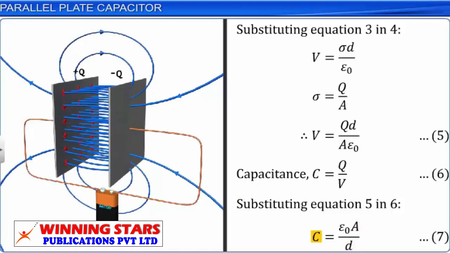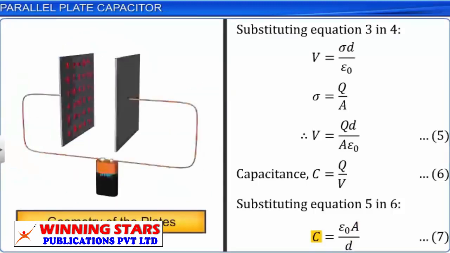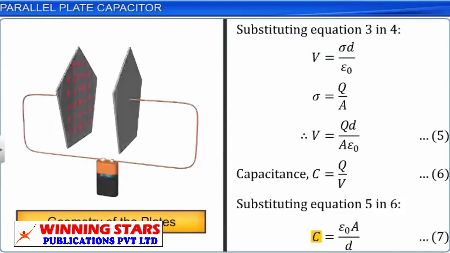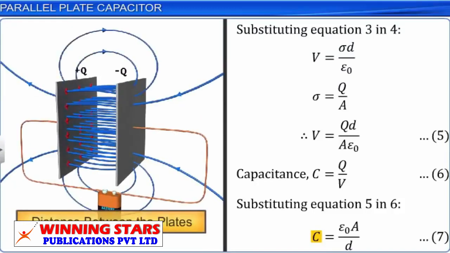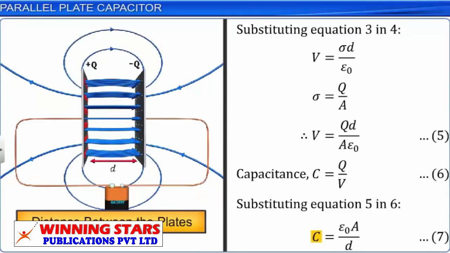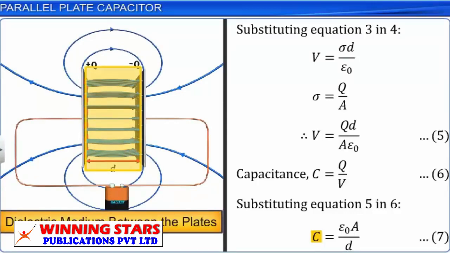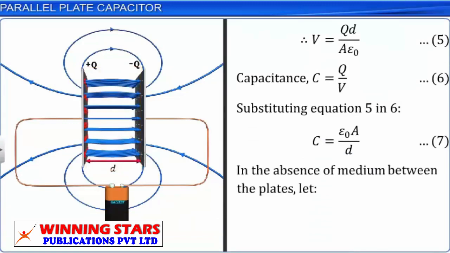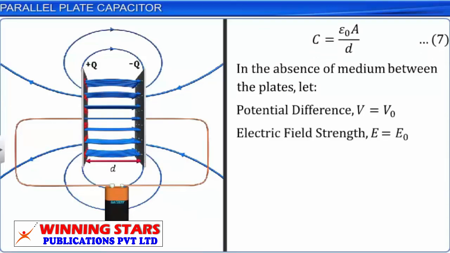We know that the capacitance of a capacitor not only depends on the geometry of the plates and the distance between the plates, but also depends on the dielectric medium between the plates. When there is no medium between the plates, let the potential difference between the plates be V naught, the electric field strength be E naught, and let its capacitance be C naught.